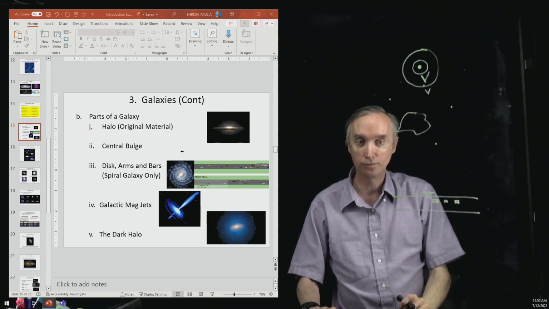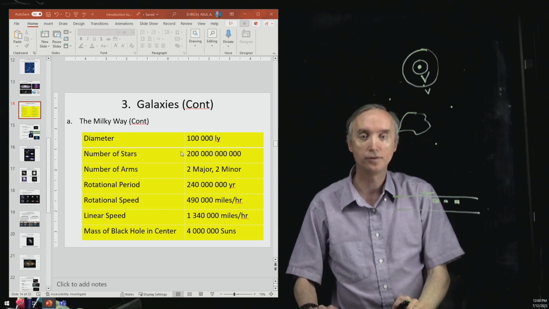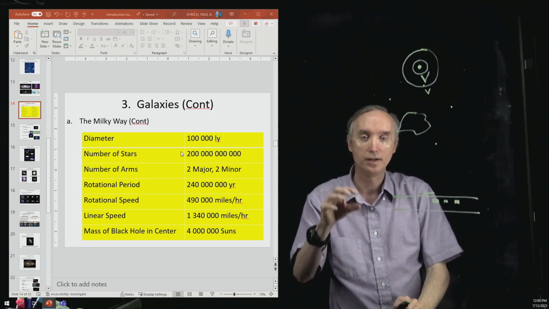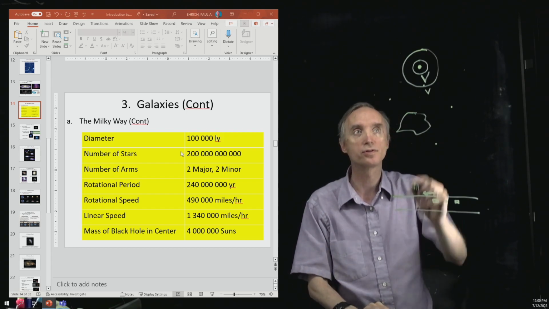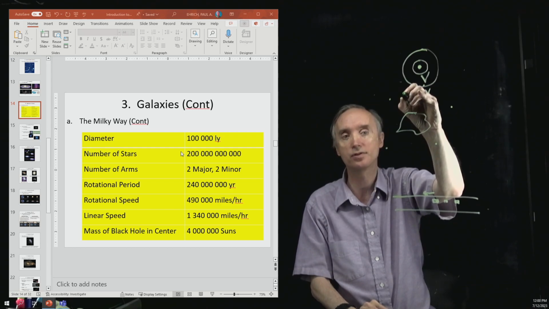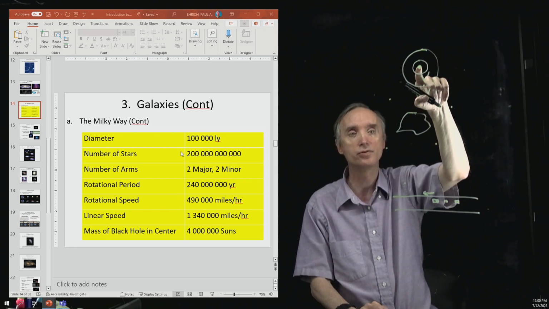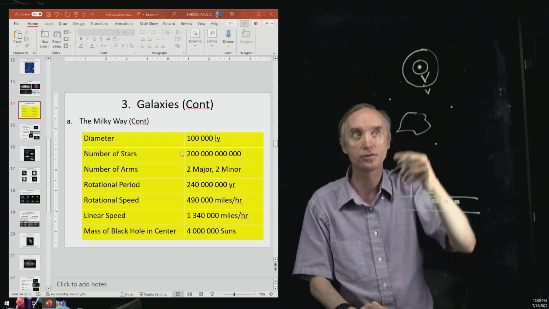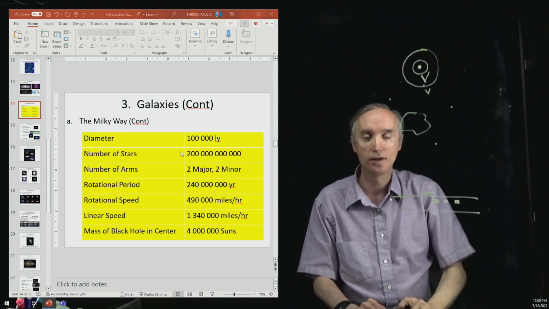If you recall, we said that the rotational speed of the Earth as it's going around the Milky Way galaxy is 490,000 miles per hour. A star that is further out than our sun would be going slower than that speed. A star that is closer to the galactic bulge than our sun would be going faster than that speed. So all of these stars are going at different speeds around the galactic bulge.